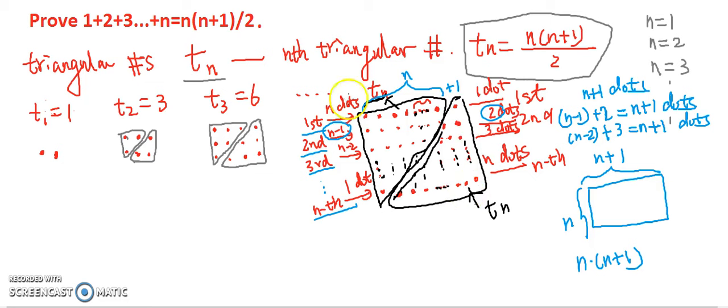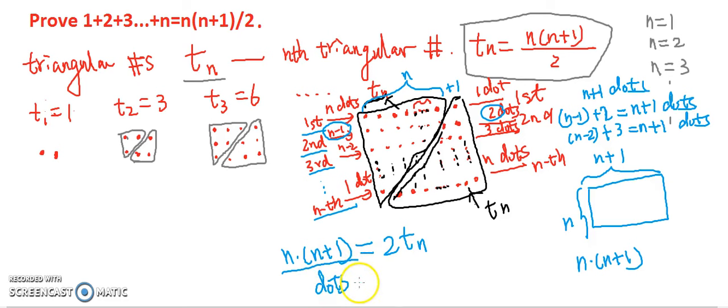So by looking at the rectangular shape, we know the two triangles should have n times n plus 1 dots. And all these dots are formed by two triangular numbers, so Tn plus another Tn, 2Tn, should add up to all the dots in this rectangular shape, which is n times n plus 1 dots.